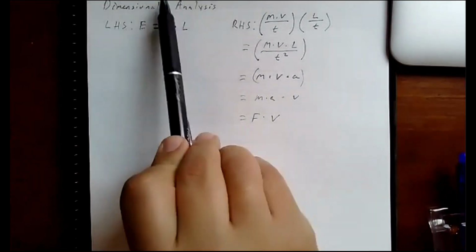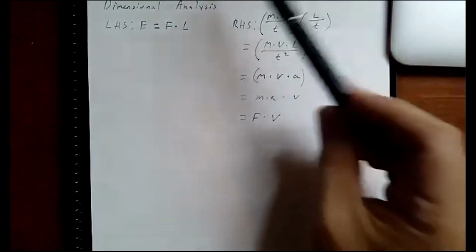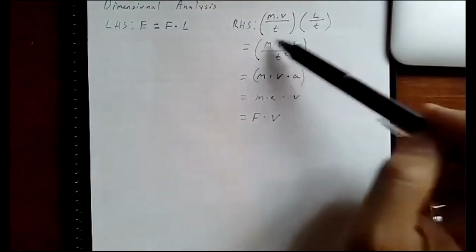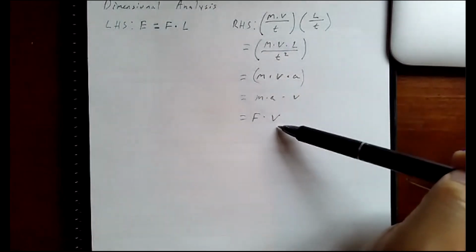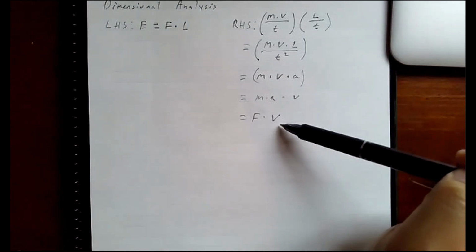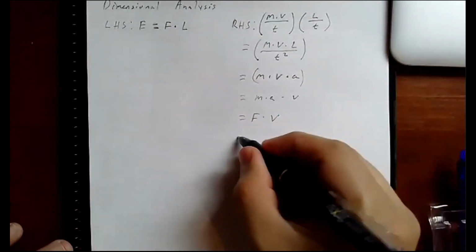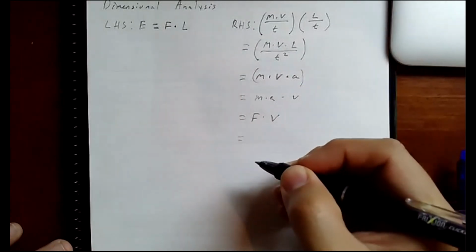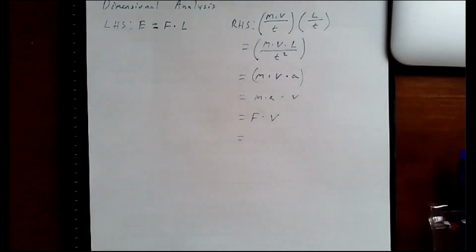M times V over T, L over T. So this gives us A. So everything is right. I don't have L. This is going to be lowercase v. So this should be L over T, but shoot, it doesn't seem to be equal at all.